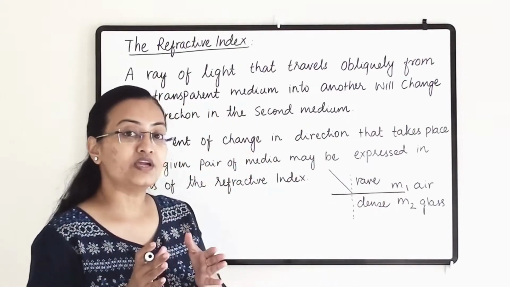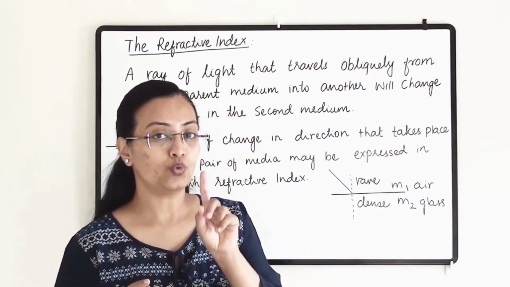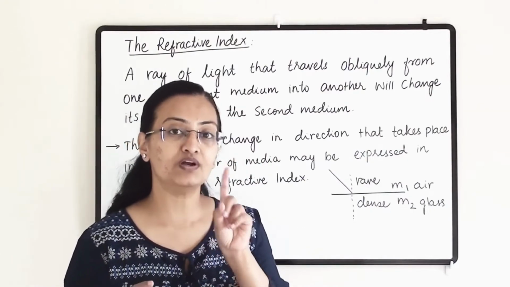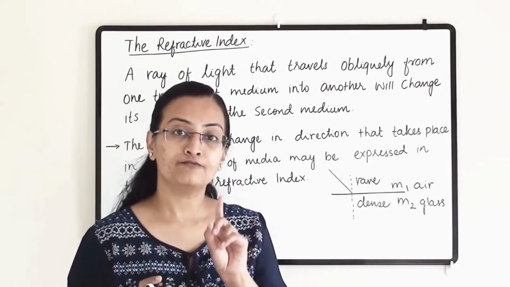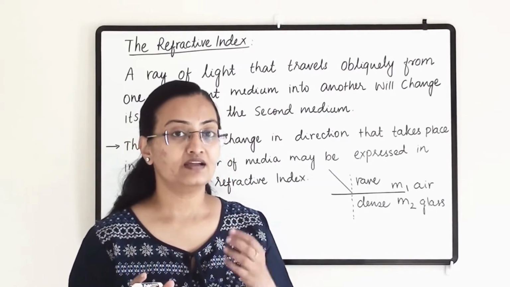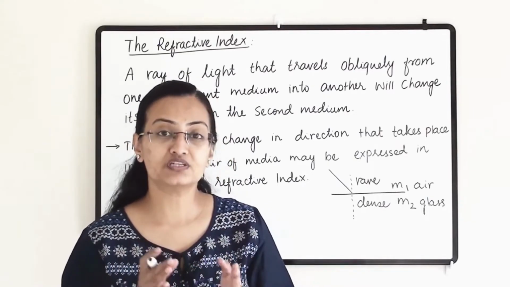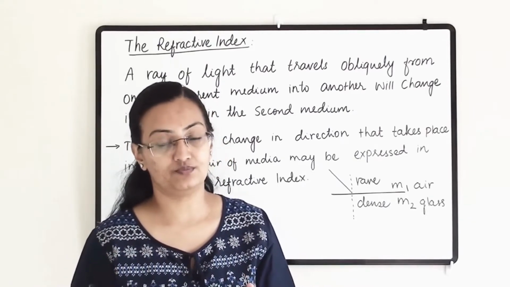now it is always comparative that whenever you have two mediums with you, one medium will be denser and one medium will be rarer. For example, we are taking air and glass. Air is a rarer medium and glass is a denser medium. Whose density is more will become the denser medium.